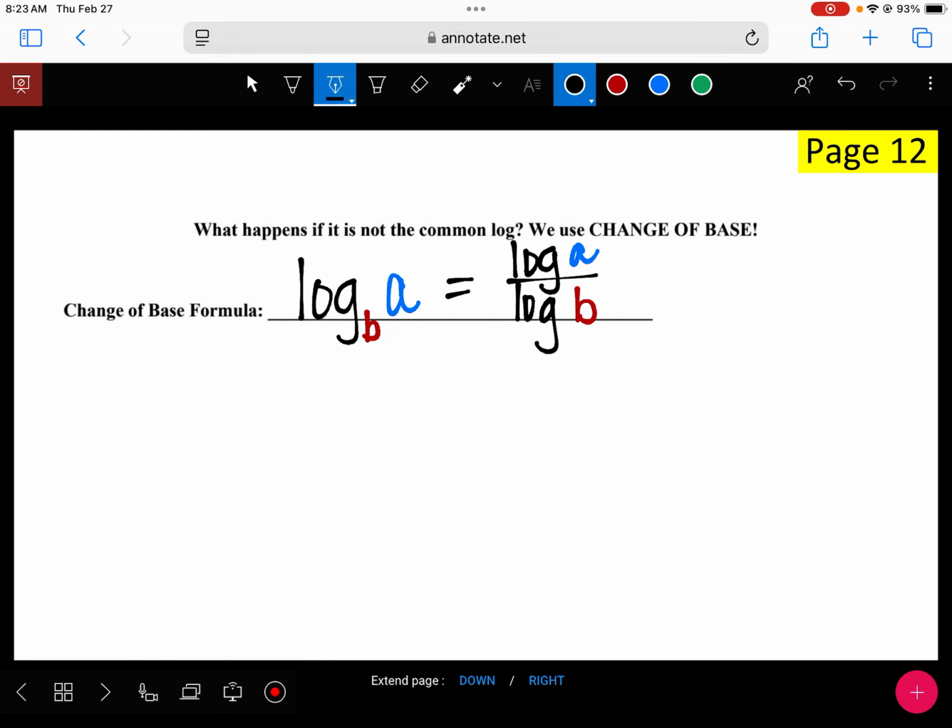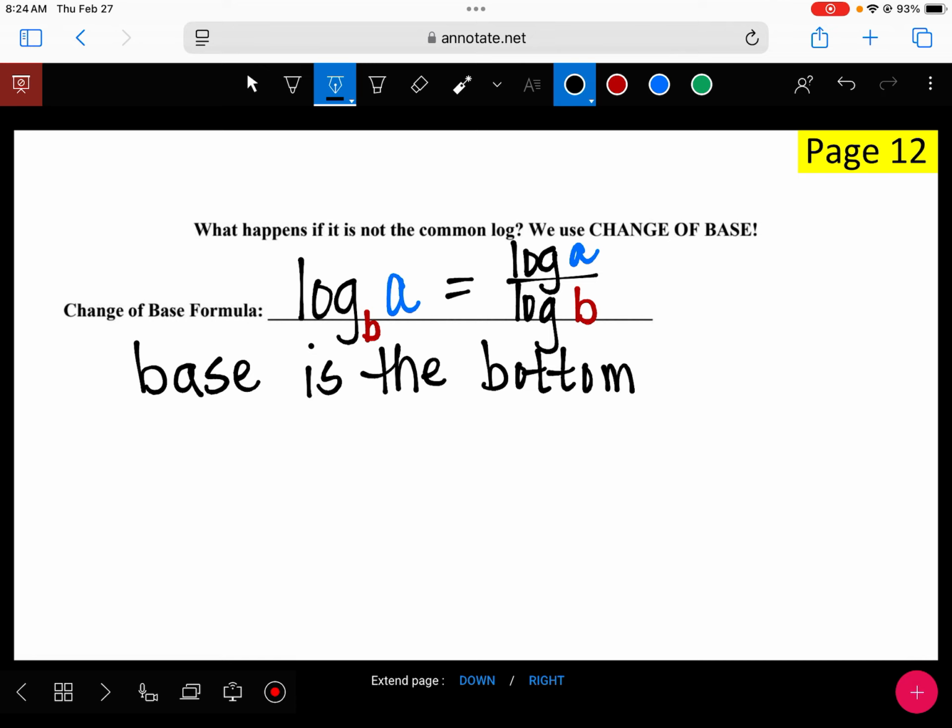And what I like to remember, because it can get confusing which number goes in the top, which number goes in the bottom of our fraction, just remember the base is in the bottom. Or I used to say the base is in the basement. So whatever this little number is here, we're going to put it in the bottom of our fraction.